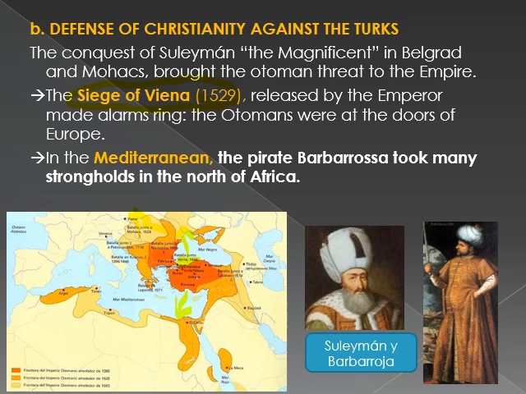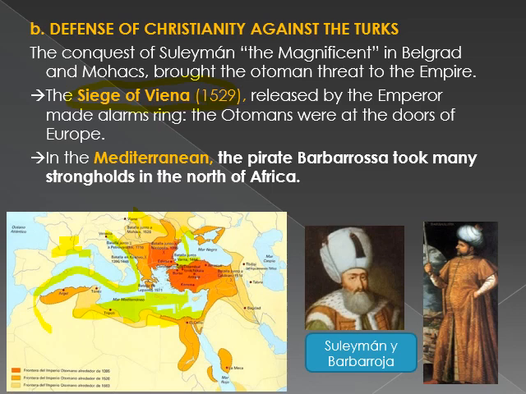In the Mediterranean, as you can see, all this part belongs to the Ottoman Empire, so the Mediterranean Sea is divided into a Muslim Mediterranean and a Christian Mediterranean. What we have here is a lot of piracy in the Mediterranean Sea.